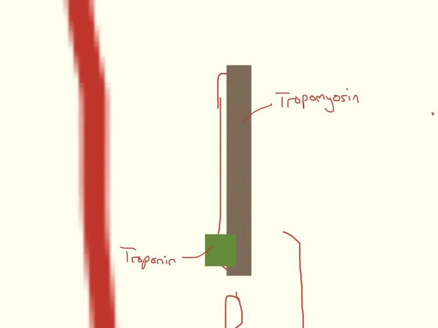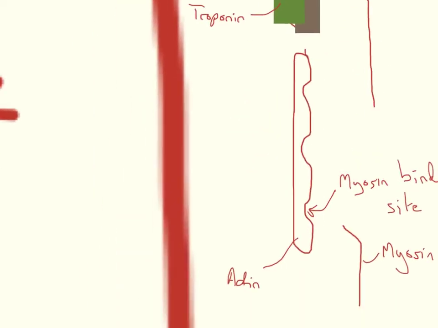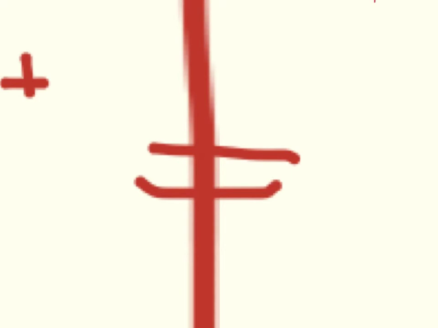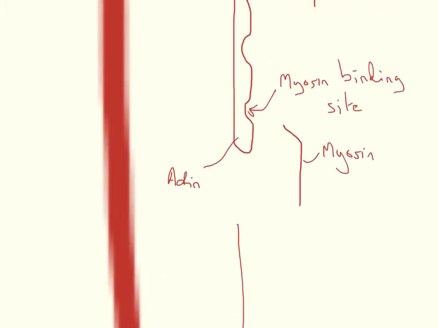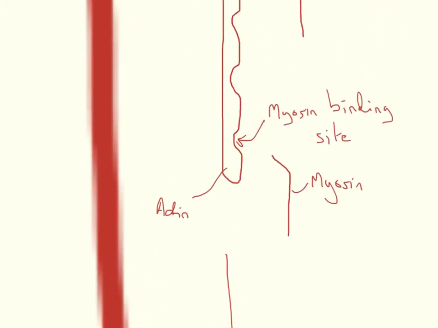Troponin has a calcium binding site. So when these calcium ions, which we've previously looked at, diffuse from the sarcoplasmic reticulum through one of these channels, they'll make their way up to our actin and myosin strands.